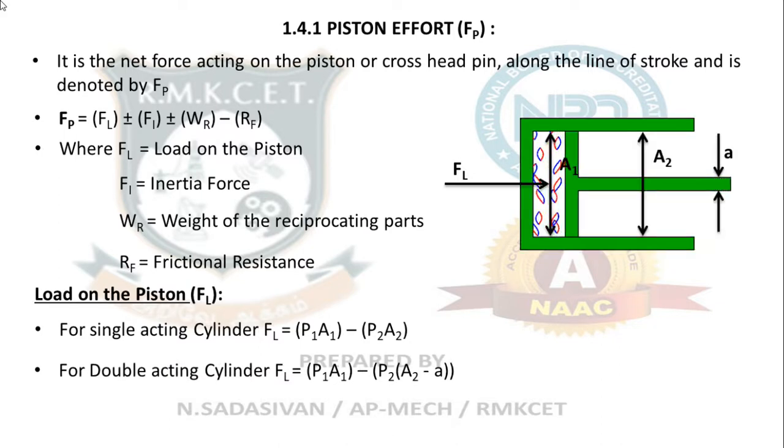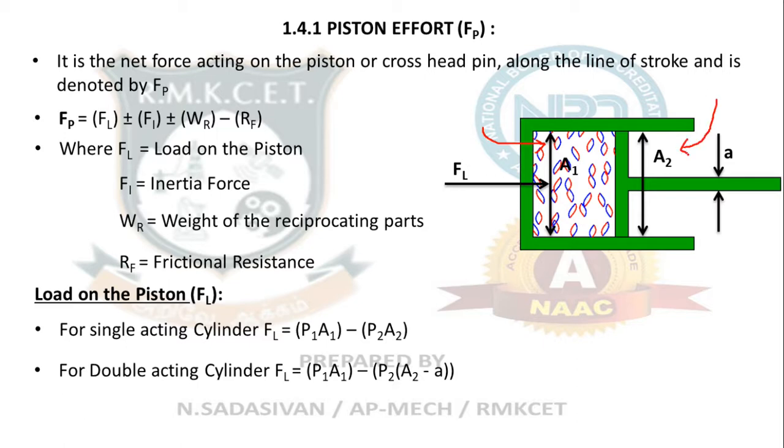For a double acting cylinder, the load on the piston FL is equal to pressure input P1 A1 minus the steam that is also given in from the other side. If you remember, for a single acting cylinder, steam input is only given here, so the piston moves down. For a double acting cylinder, when the piston reaches the rightmost ODC, outer dead center, steam is also given in from here and the piston is pushed backwards, so that you have two power strokes in one single movement of the piston up and down.